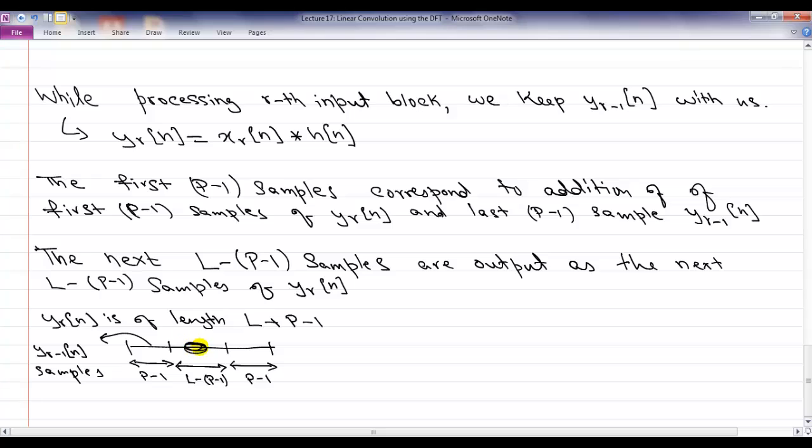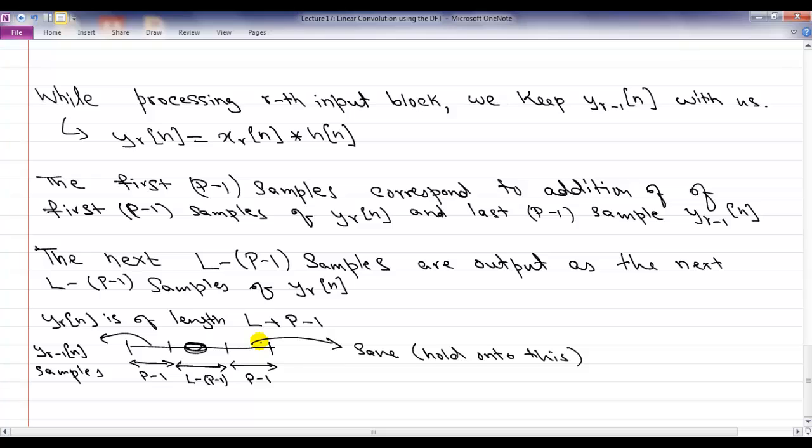This part gets output as it is. And then you hold on to this. You save this part till you get your next block processed. In steady state, as we talked about earlier, for the first block, this first overlap won't be there, and for the last block, the last overlap won't be there.